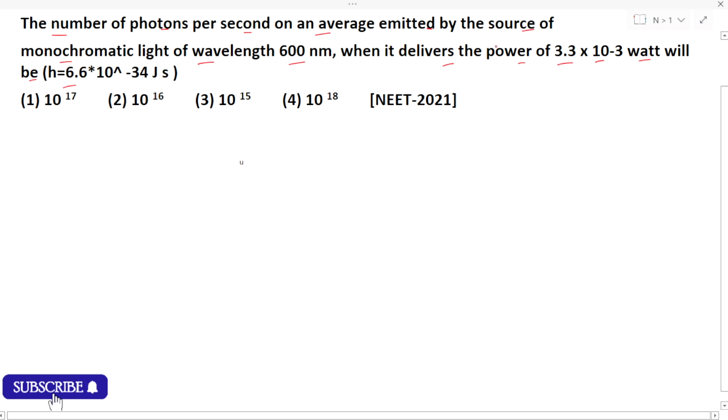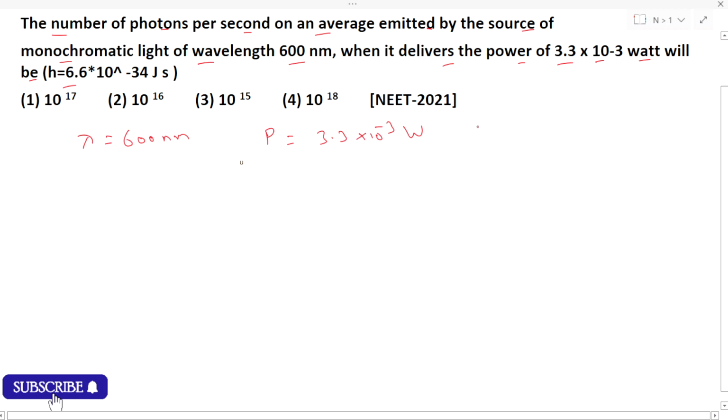He has a monochromatic source which produces light of wavelength lambda equal to 600 nanometers, and this source is delivering a power P equal to 3.3 into 10 power minus 3 watt.